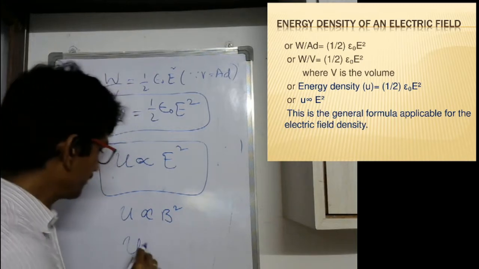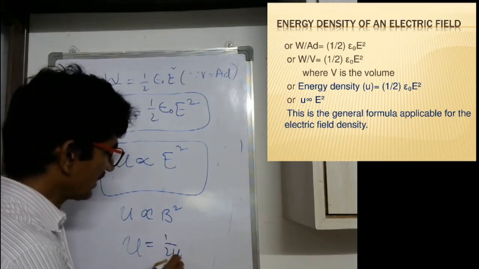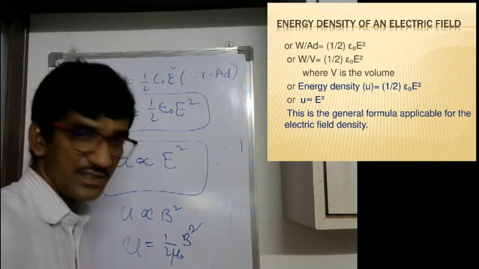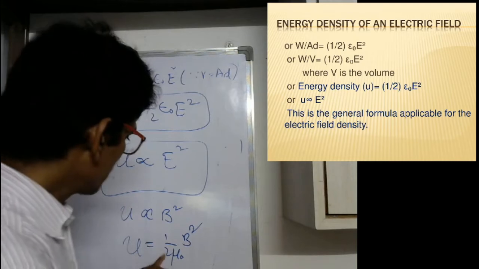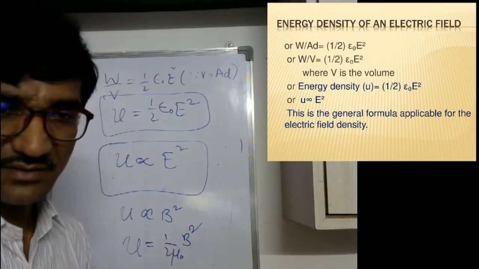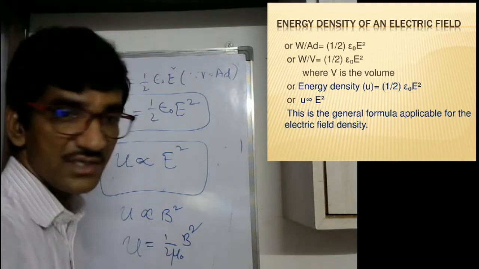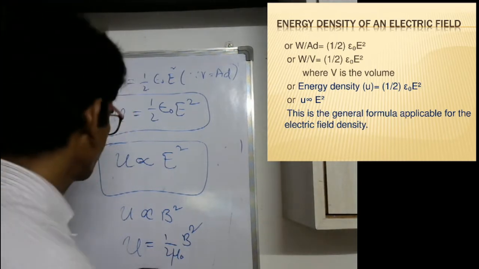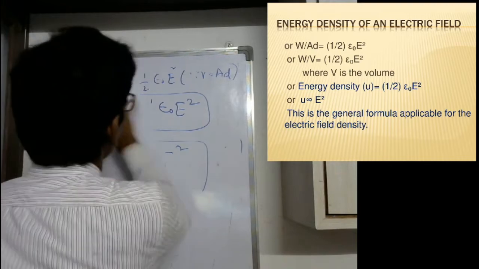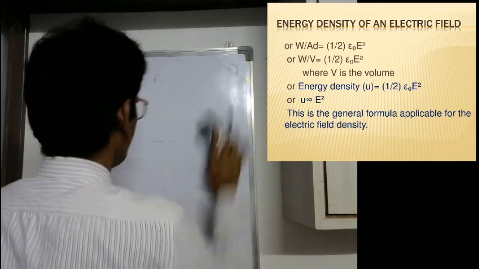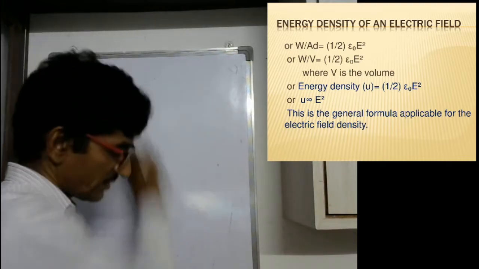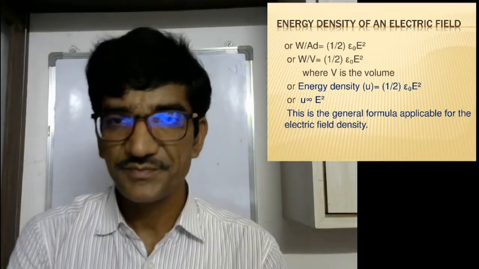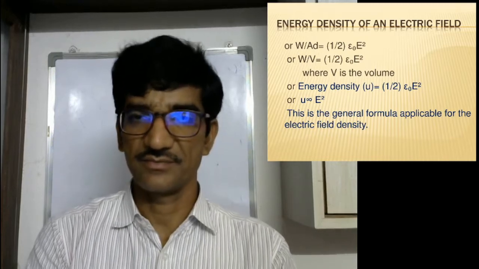If you want to write, U is equal to 1 by mu naught, permeability, times B square. You get this type of formula there. Both formulas are very much similar. Right, this is about the energy density of an electric field.